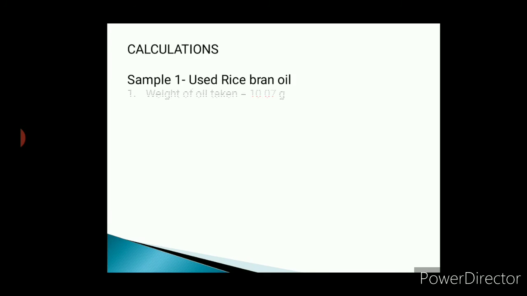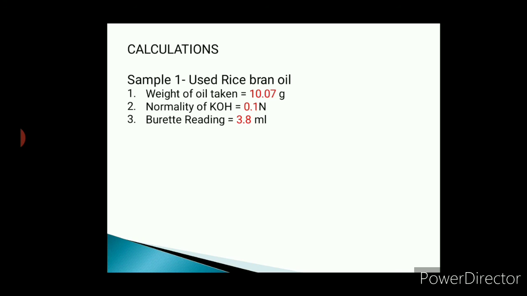Sample 1, used rice bran oil: weight of oil taken 10.07 gram, normality of KOH 0.1 normal, burette reading 3.8 ml I got. You can confirm the burette reading by taking 2-3 trials. After doing that I got an average of 3.8 ml.